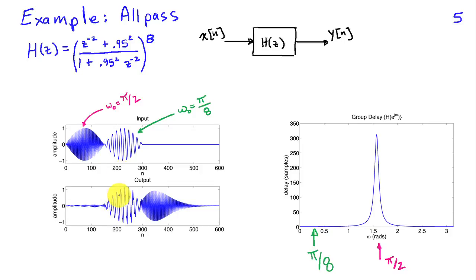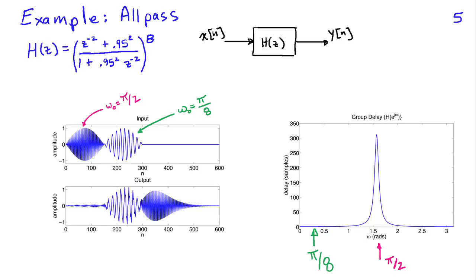But nevertheless, you see that these two components are delayed differently through this system. This component at pi over 8 experiences virtually no delay. We've got 300 sample delay for this term, and so they've flipped order. And that's just showing how nonlinear phase moves the frequency components of a signal such that we can get different shapes at the output compared to what we have at the input.